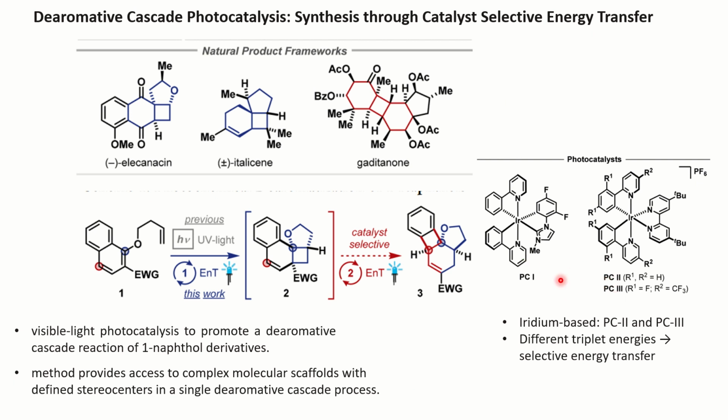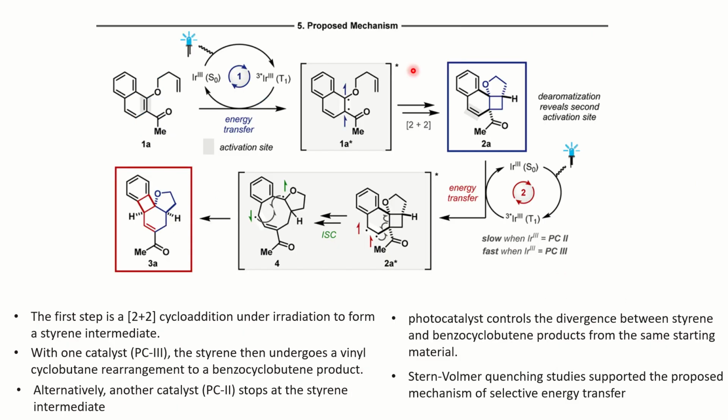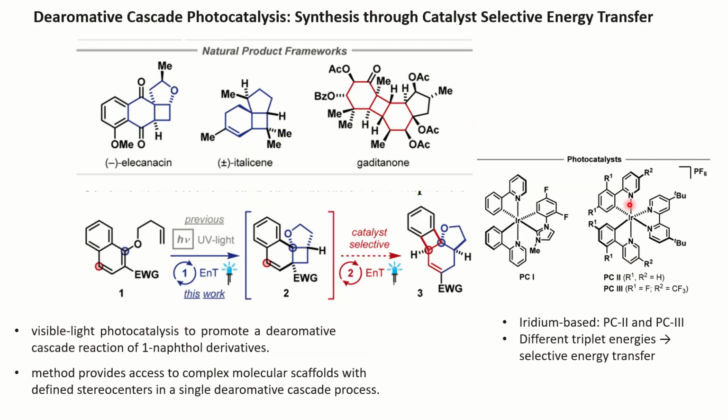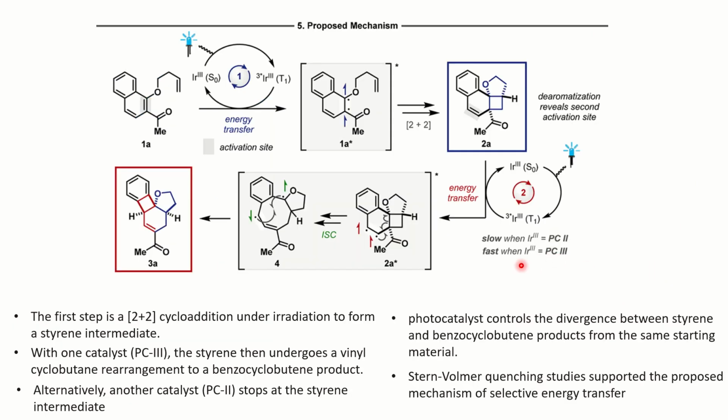What really is happening here is, if you are using PC1, the reaction stops at this point. But if you are using PC2 or PC3, that means you have substituents over the ligands in the iridium catalyst, then the reaction goes forward and you end up with this sort of final product.